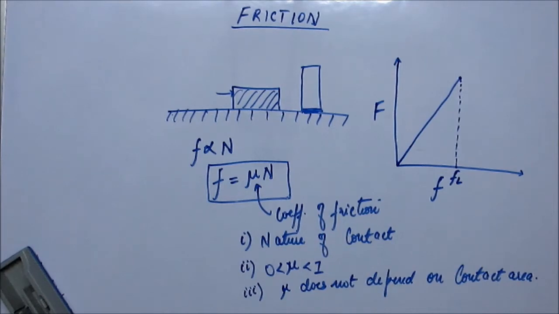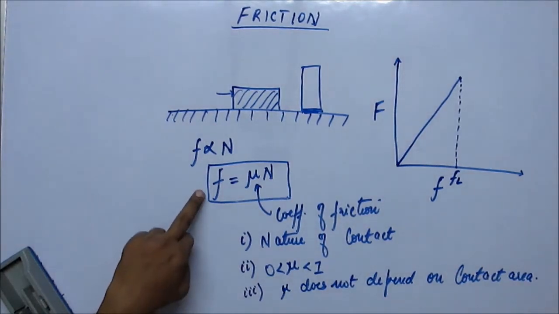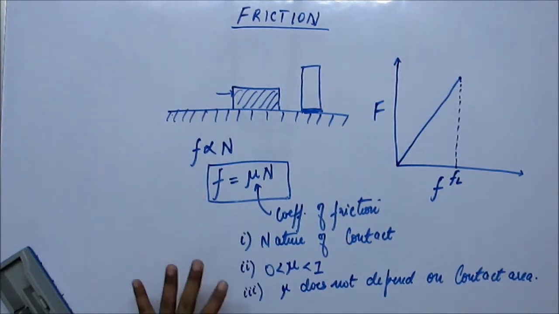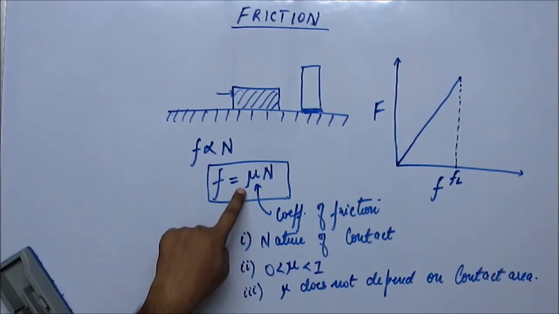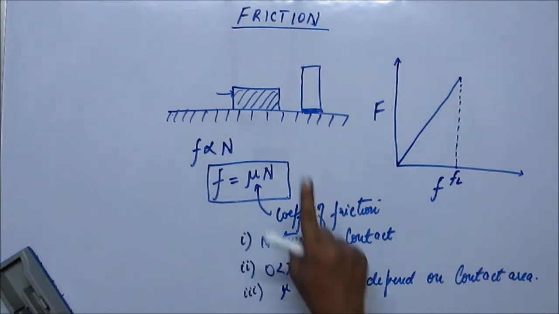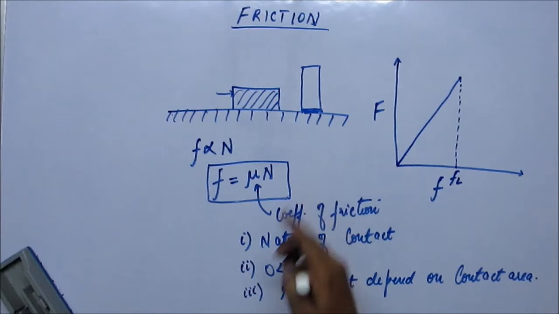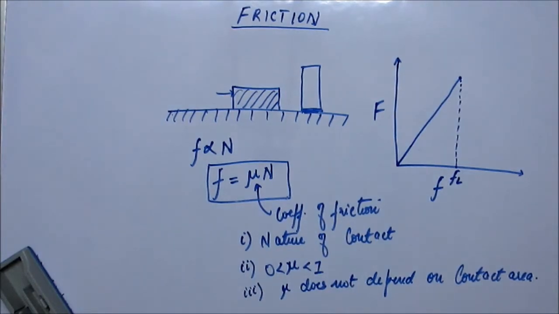Even though the contact area is less, in the formula of friction we see that the contact area does not appear. Mu is a constant and there is the normal reaction. Normal reaction in both the cases will be the same because the mass of the block is the same, and mu does not depend on contact area. So friction force does not depend on contact area. It only depends upon the nature of the surfaces in contact, and the normal reaction.